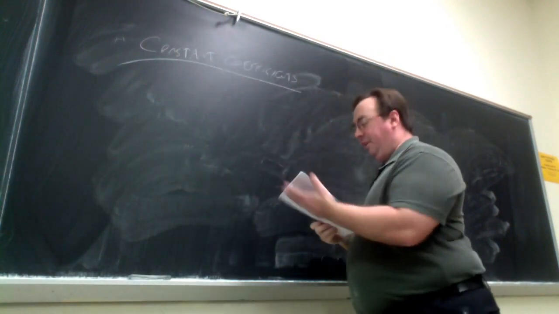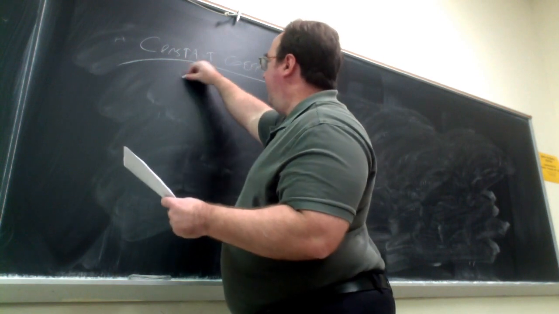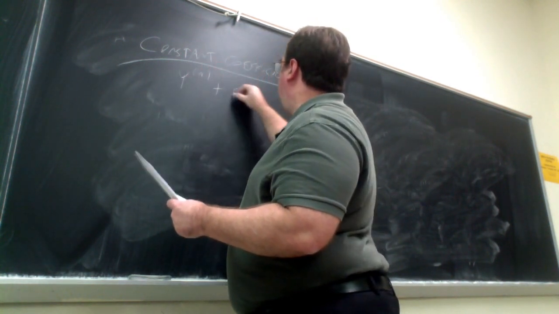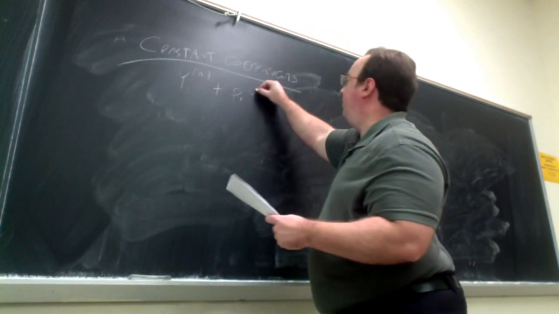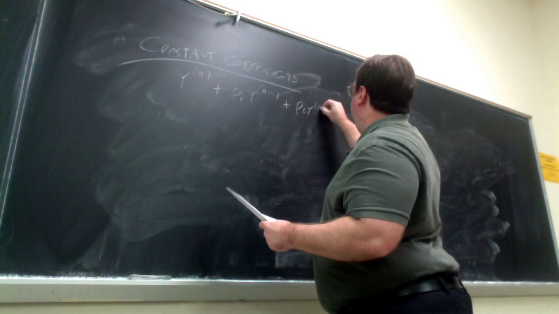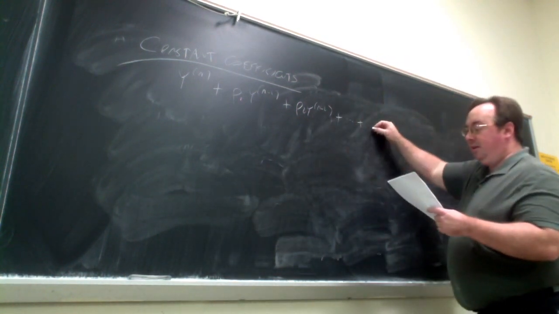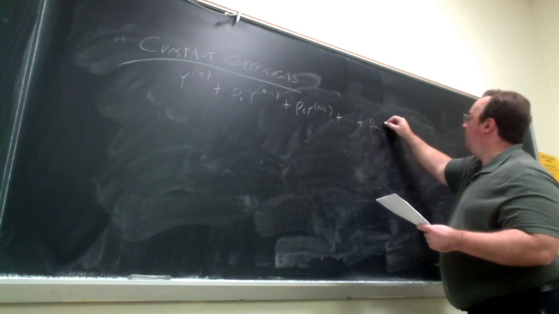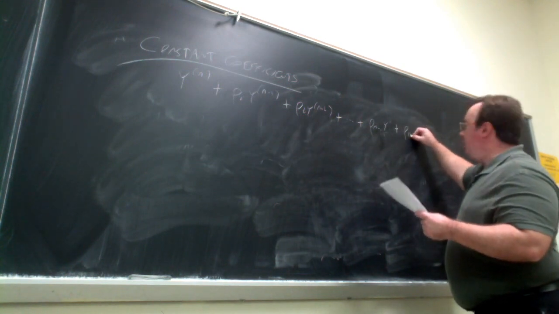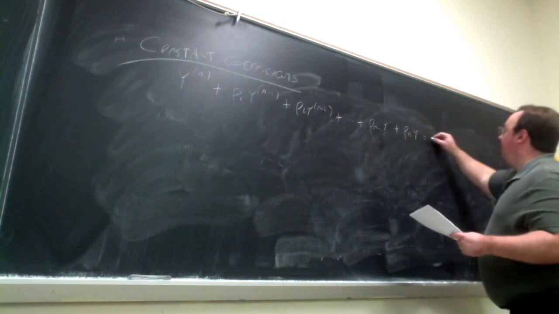Okay, so constant coefficients. Same form of equation, except now all the coefficients, p1, p2, etc., are constants. And for the time being, we'll assume it's a homogeneous equation. We'll deal with non-homogeneous ones probably on Wednesday.